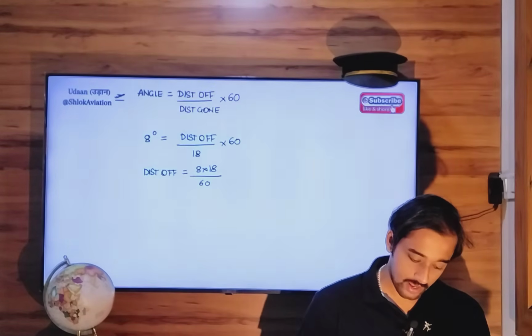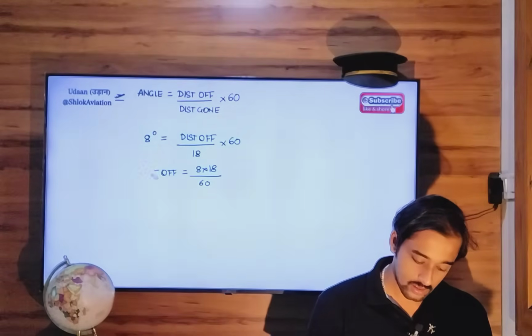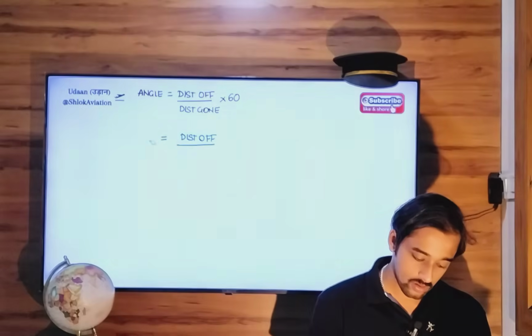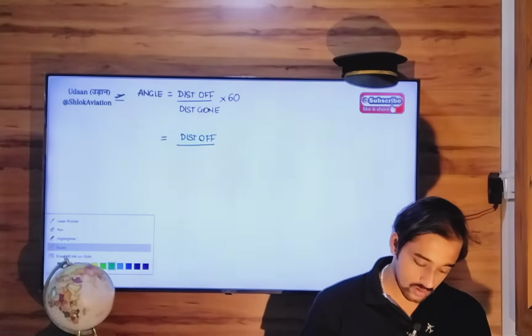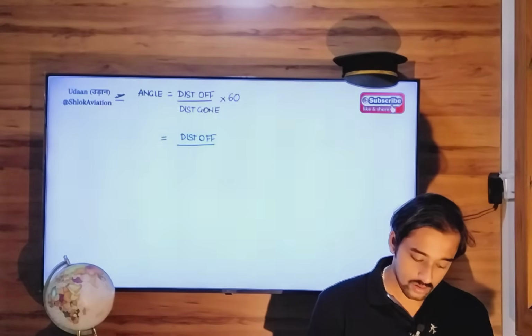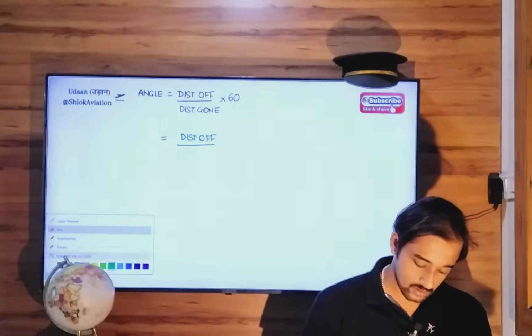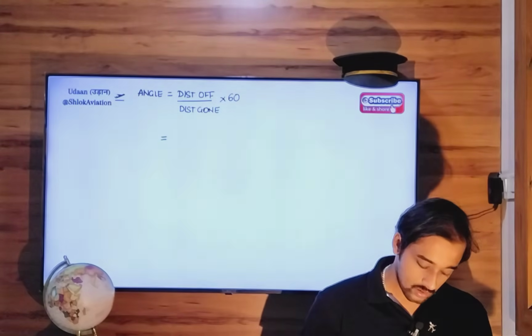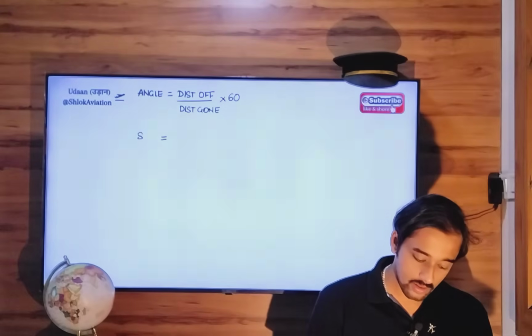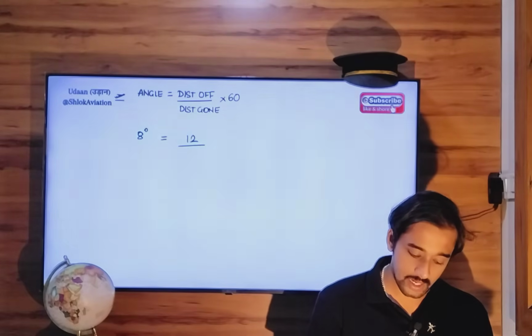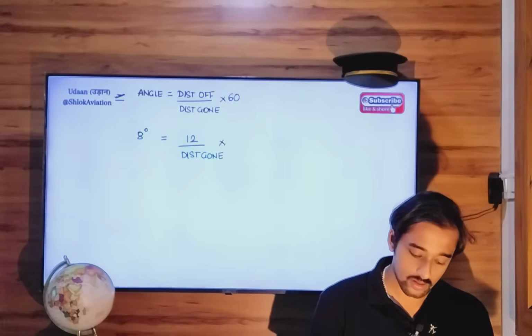So let's substitute the values. Eight degrees equals 12 divided by distance gone into 60.